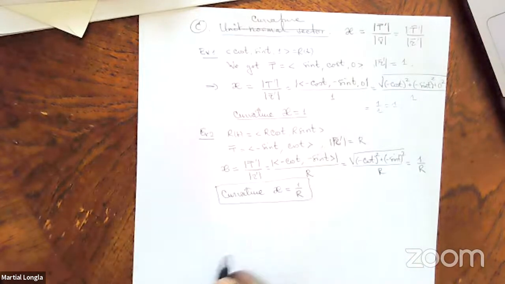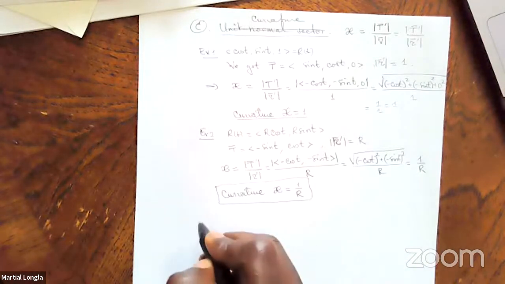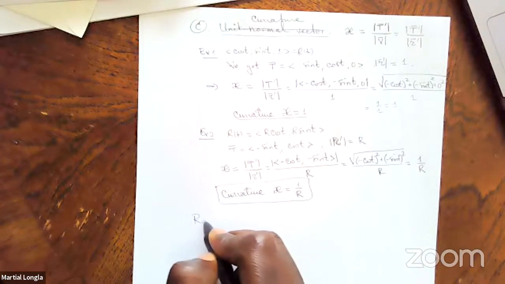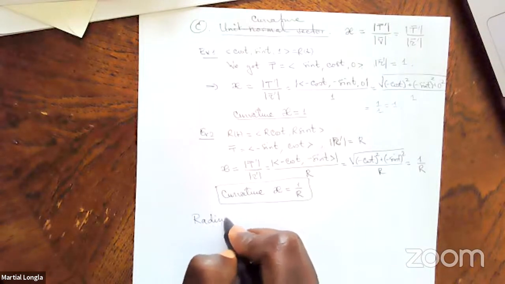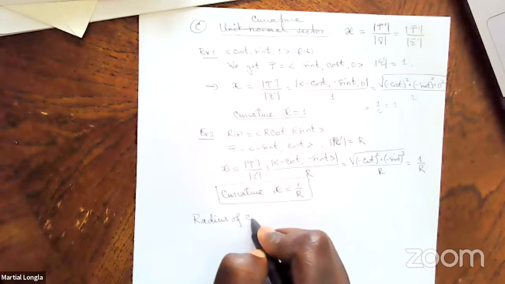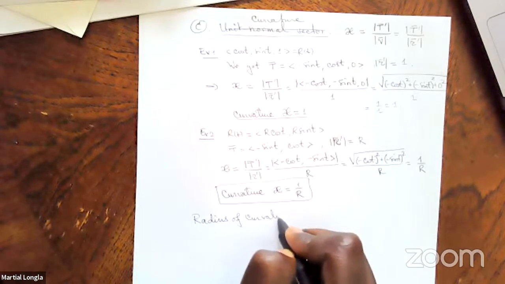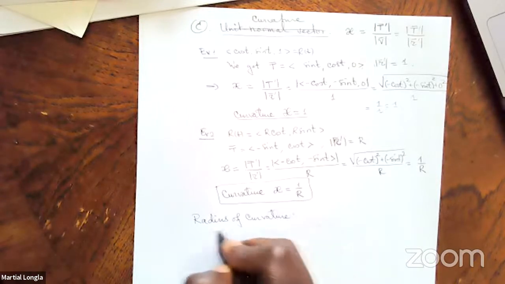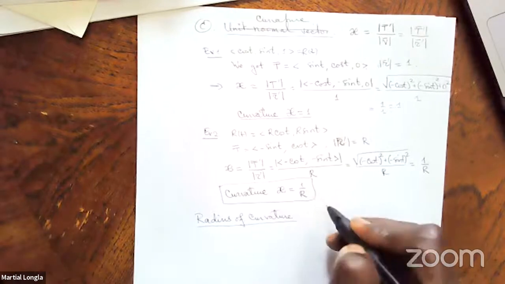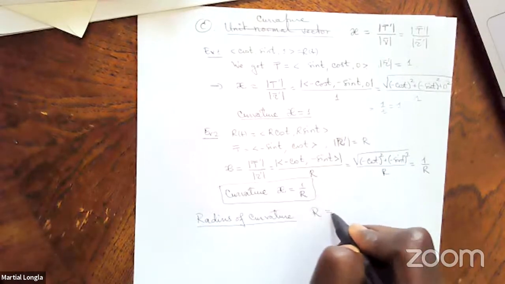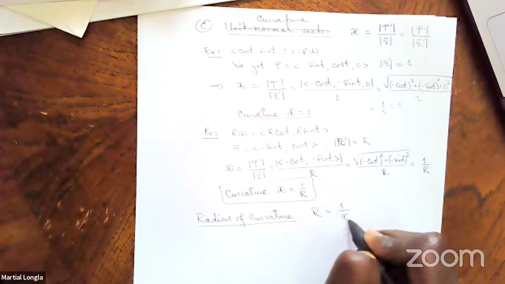And now from here, we can introduce the other notion, the radius of curvature. Based on this, in general, the radius of curvature is R equals 1 over kappa.